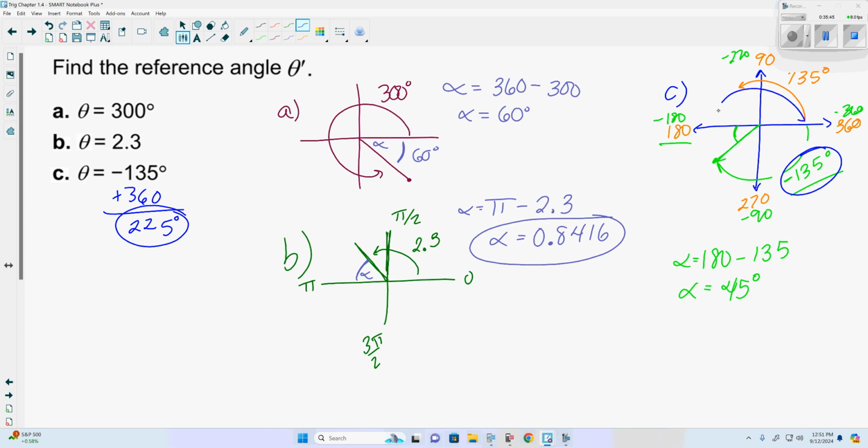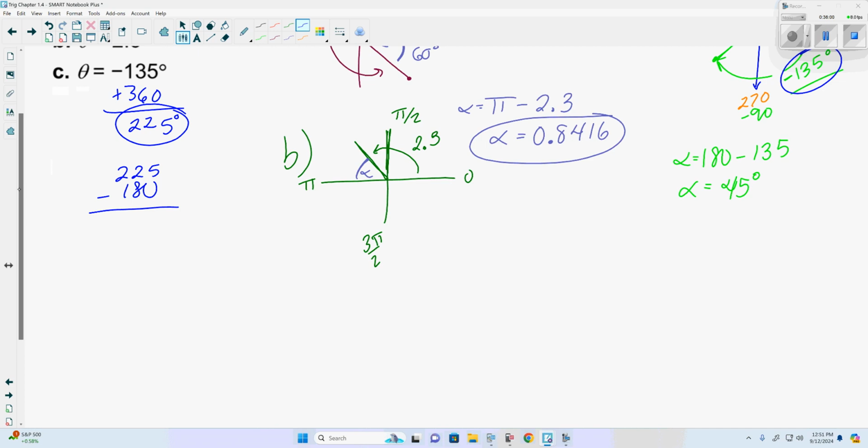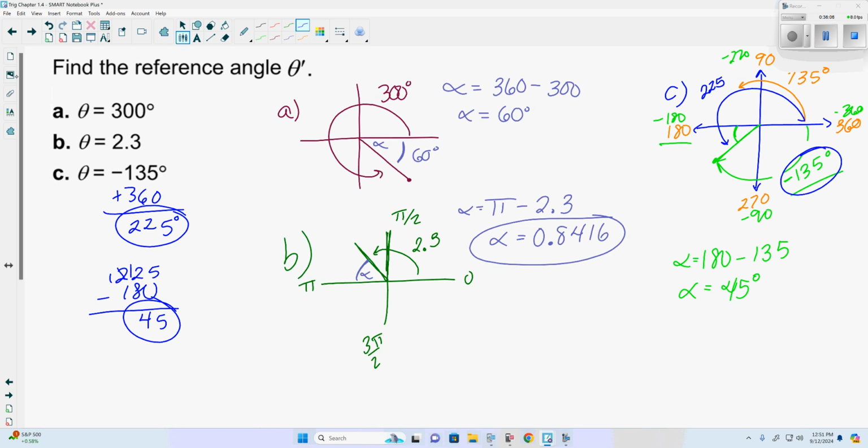So going the other direction, this way, we would get 225 degrees. We'll have 225 minus 180, which still gives us a reference angle of 45. So they are the same. Questions on this here?